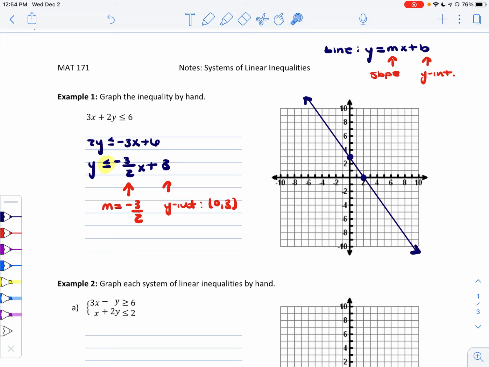So in this case, we're looking for everything that is below or on our line negative 3 halves x plus 3. Well, if we're thinking about everything that falls below that line, it would be everything over here on this side of our line. So what we're going to do is we're just going to shade this entire region over here.